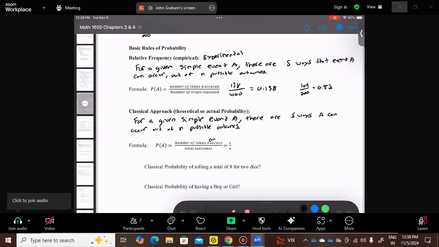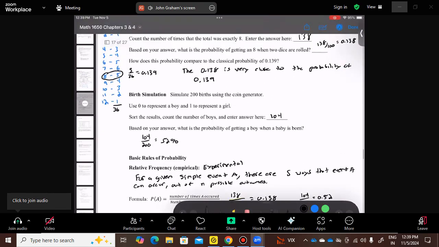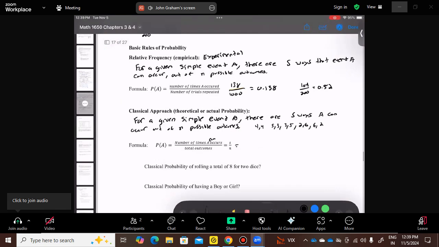So for rolling an 8 on two dice, we have 4 and 4, 5 and 3, 3 and 5, 2 and 6, 6 and 2. Those are 5 ways, so S is 5. We have 36 total possible ways.